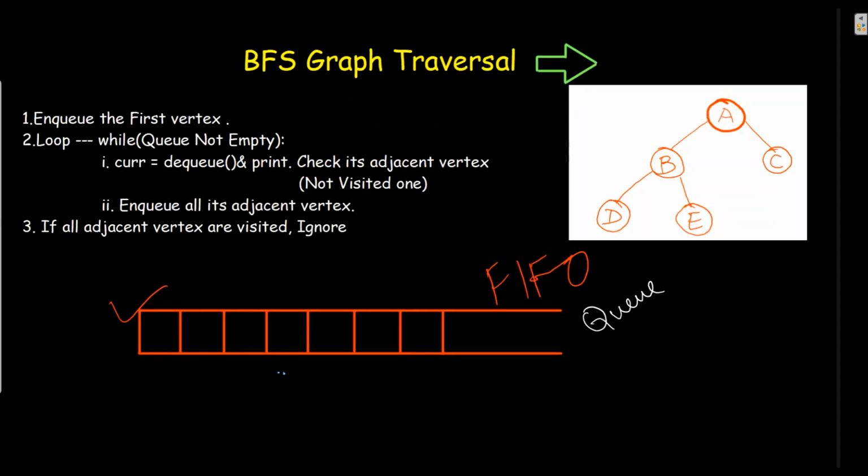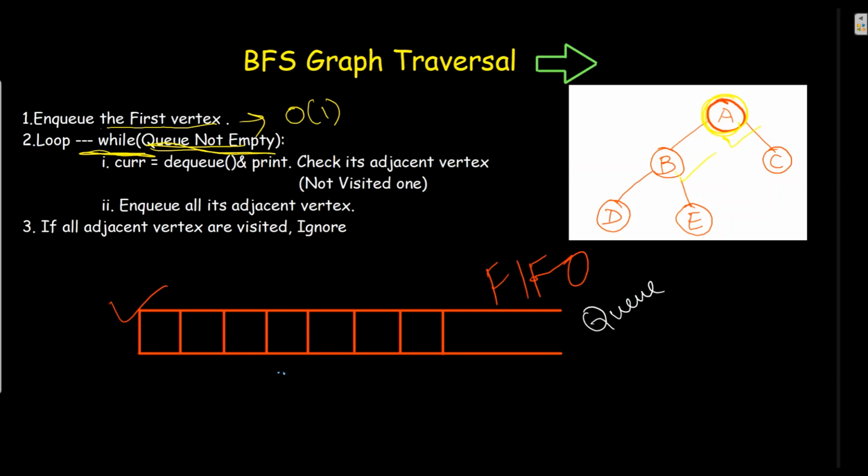Now coming to time complexity. First of all we are enqueuing the first vertex, that is, pushing the first vertex whichever we have. So for pushing it's order of 1. Then we use a while loop which works for every vertex.